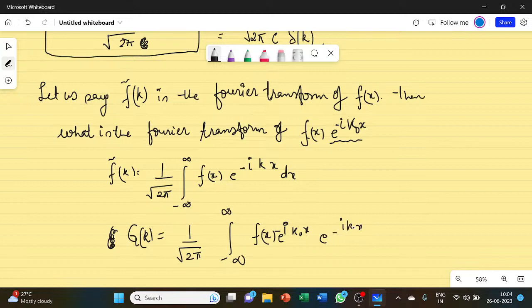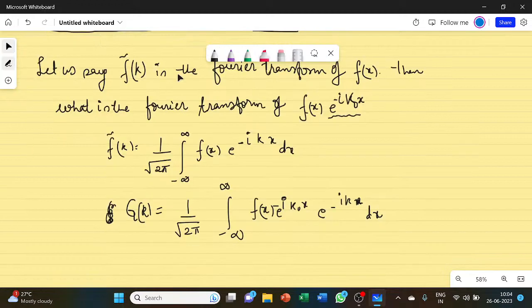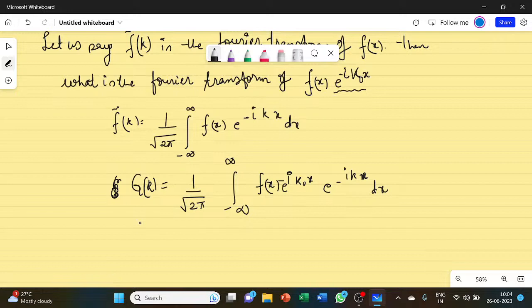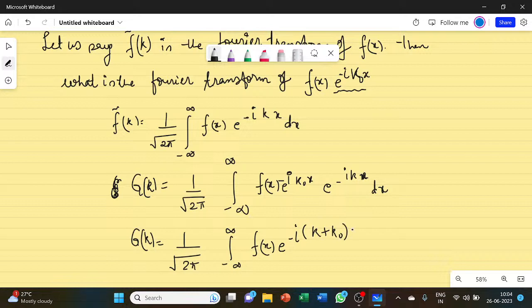So originally there was k here, and this is x. Now you see what will be the Fourier transform. So Fourier transform gk would be equal to 1 upon root over 2 pi from minus infinite to plus infinite, simply f of x into e to the power minus iota, this will be k plus k naught, x dx.